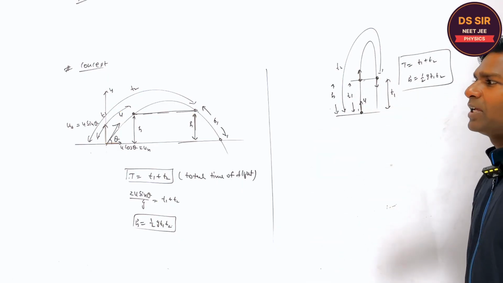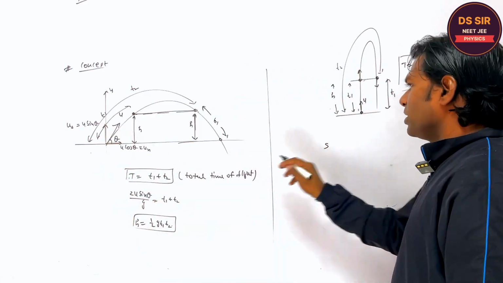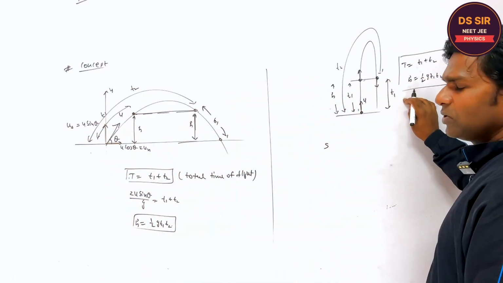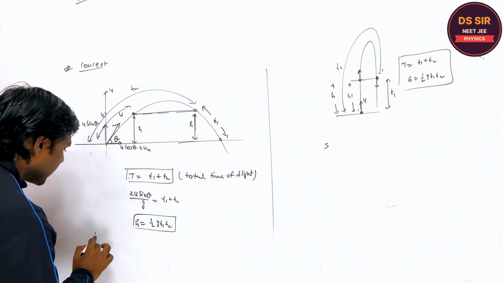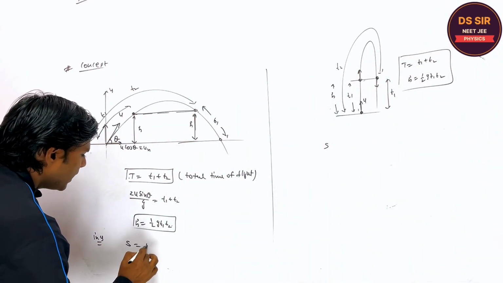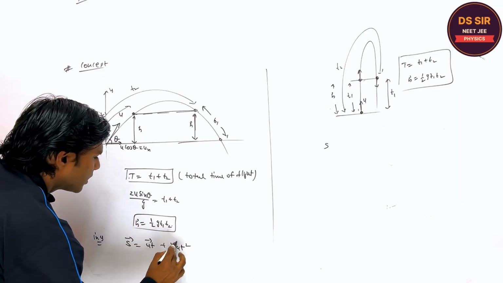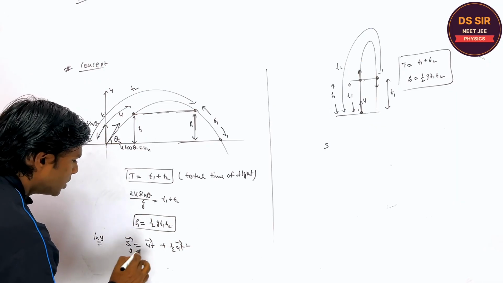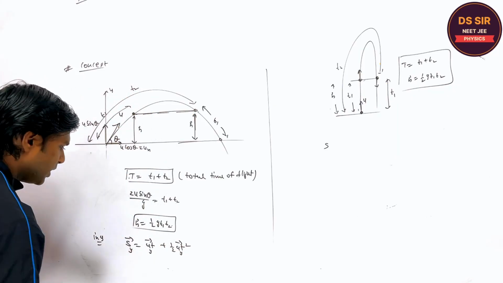How does it come? I will explain. Listen to one thing. Suppose the initial velocity, for this also and this also we have done. Now for this, what you have to do is, in the y direction, apply s is equal to ut plus half at square. Are you getting or not? So can you tell me what is the displacement after time t?